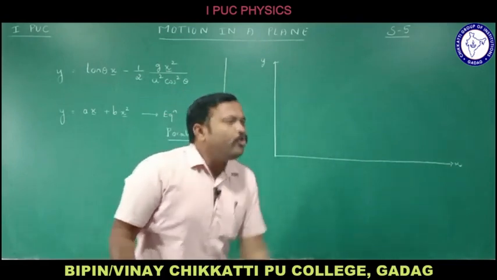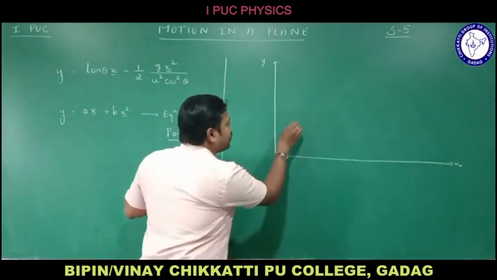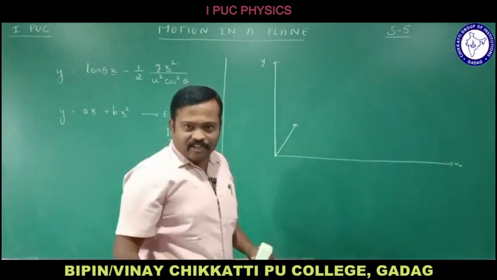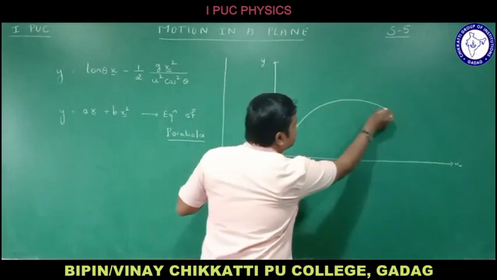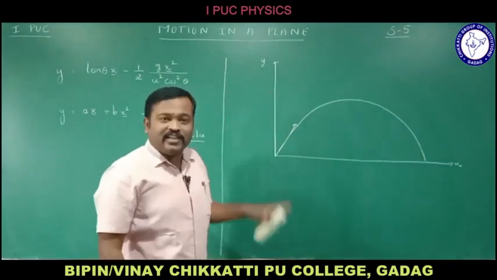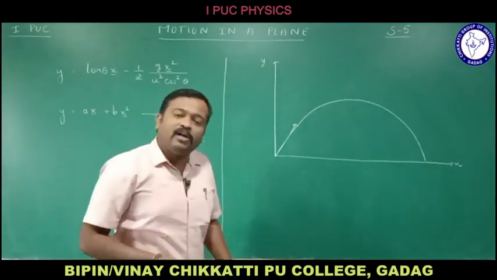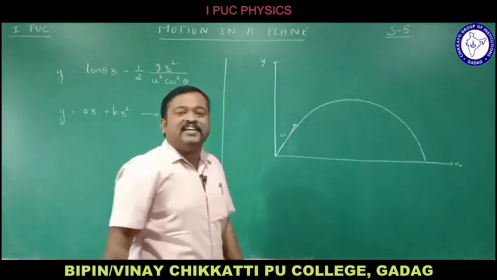I will be throwing an object from the point of reference in this direction. If the object is thrown in this direction, it travels a parabolic path, right? The velocity which I give to the projectile, let me call it the initial velocity, that is u.